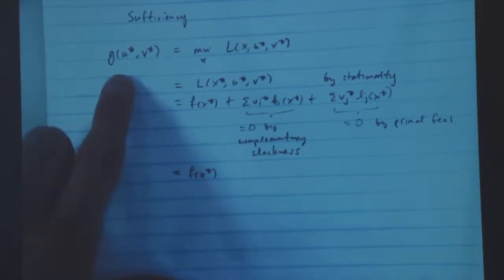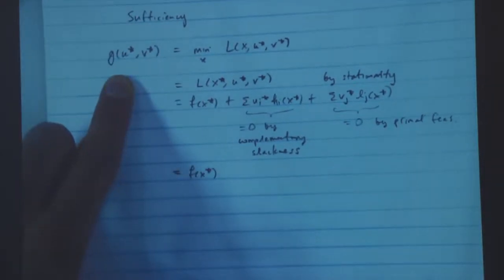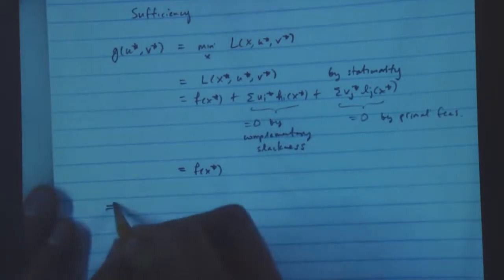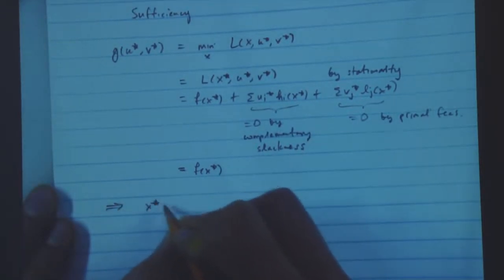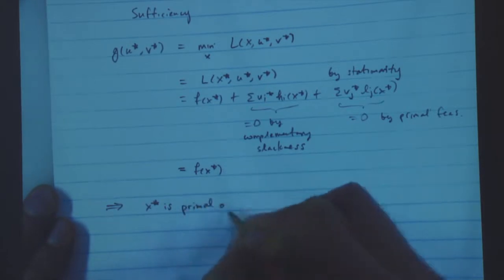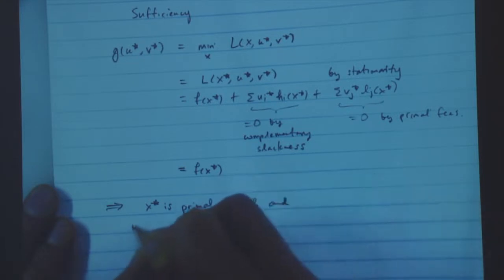So if g(u star, v star), where u star and v star are dual feasible, is equal to f of x star, where x star is primal feasible, then this implies that x star is primal optimal and u star and v star are dual optimal.